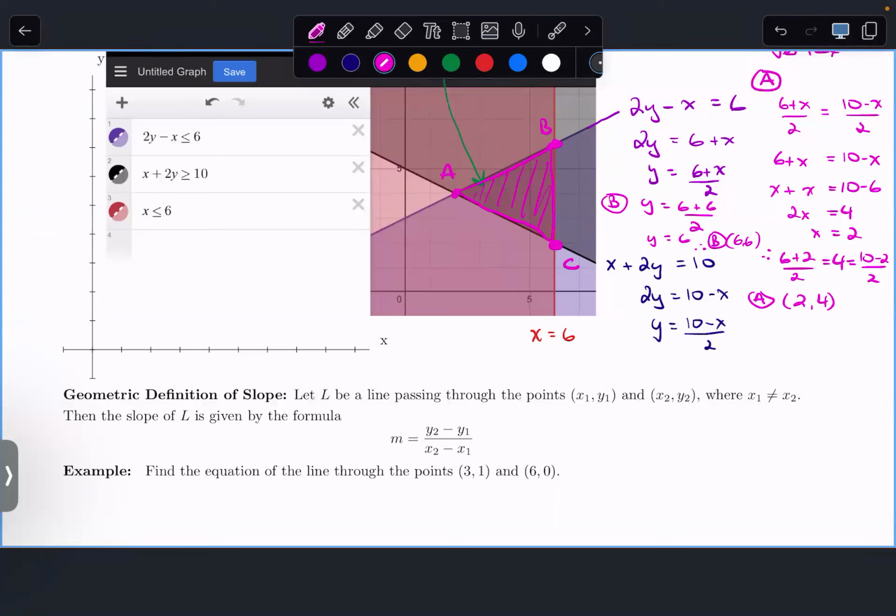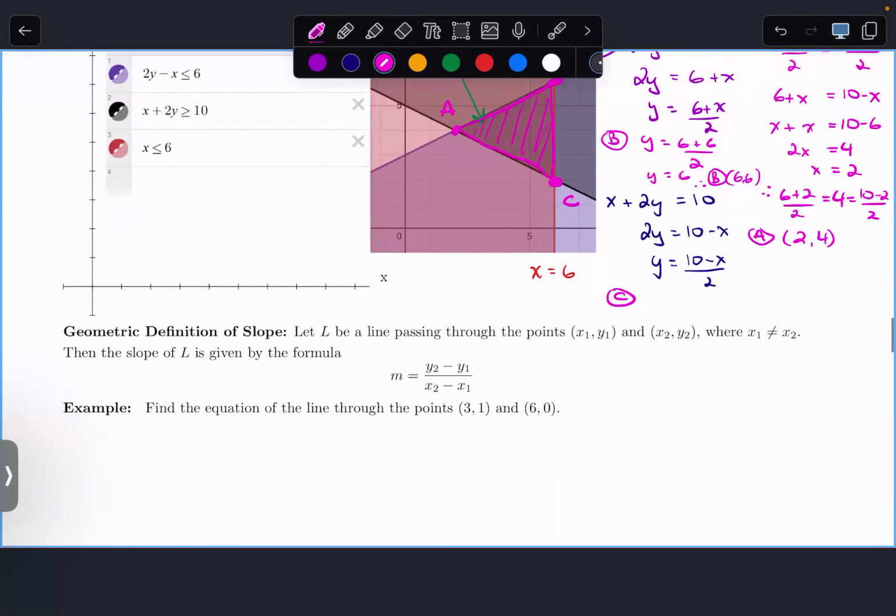And vertex C is also at x equals 6. So y is 10 minus 6 divided by 2. So y is 2. So vertex C is when x is 6 and y is 2. You can double check all these, make sure that they look reasonable.